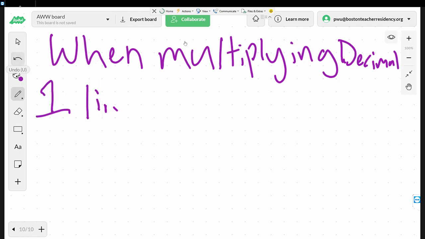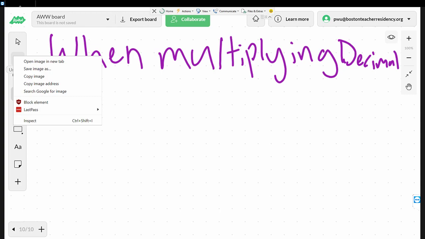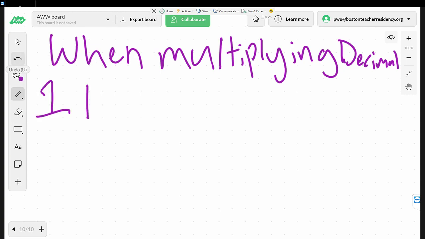Or you don't even have to line your numbers up. You just have to make sure you're multiplying the correct numbers, and then multiply as normal, or multiply as if there's no decimal.